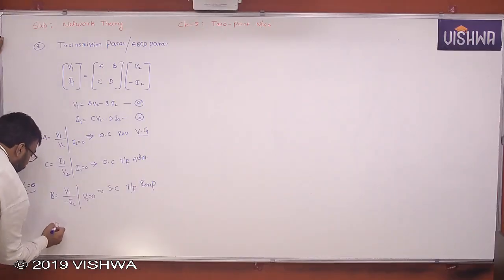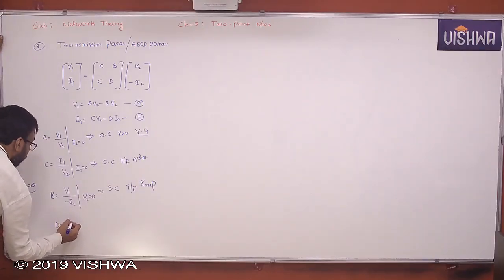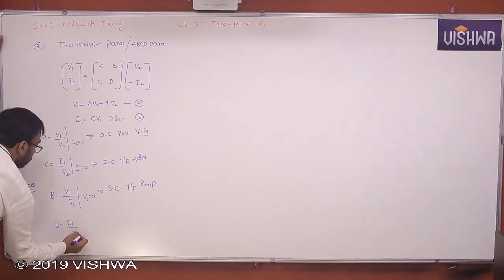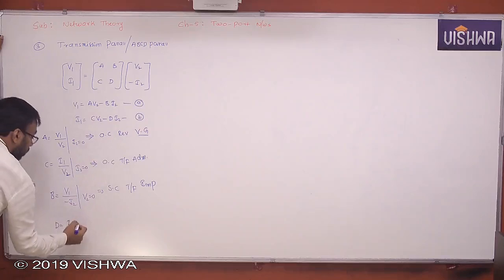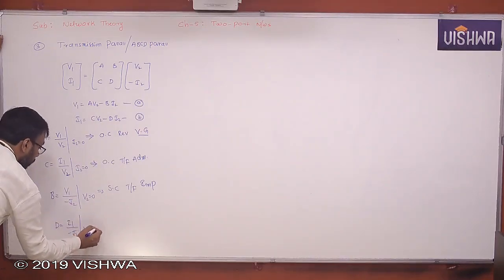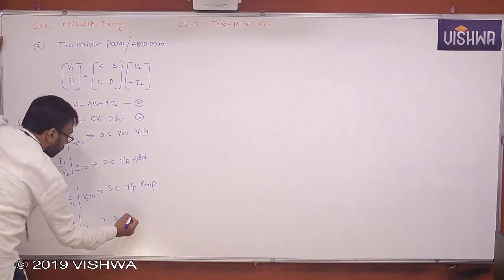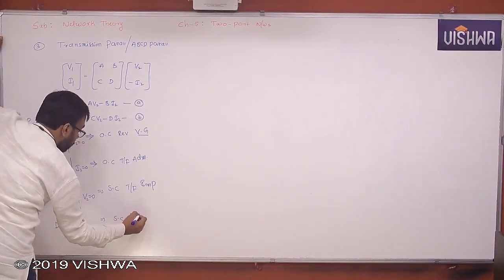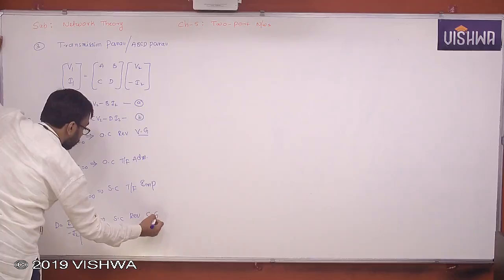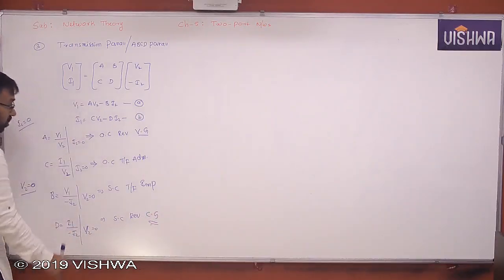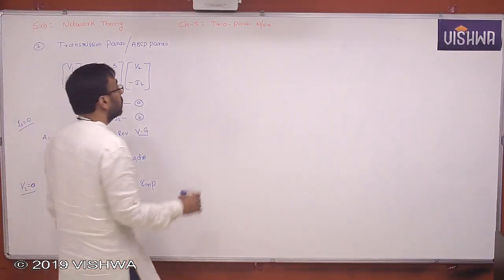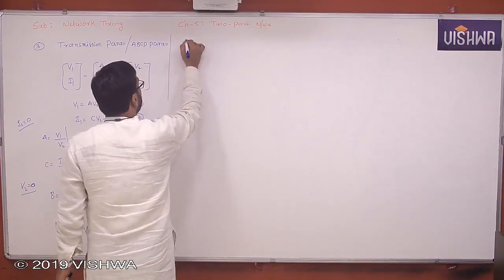D: I1 by minus I2 when V2 is 0. Short circuit. Okay, reverse current gain, because it is I1 by I2, it's not I2 by I1. Understand?